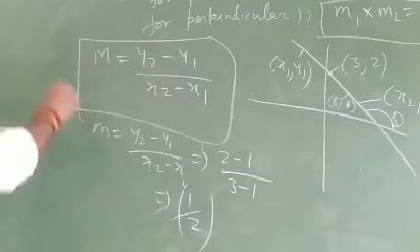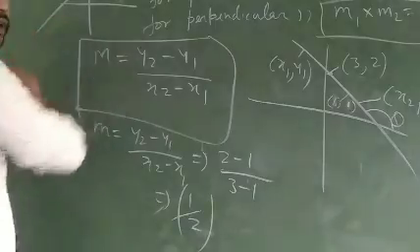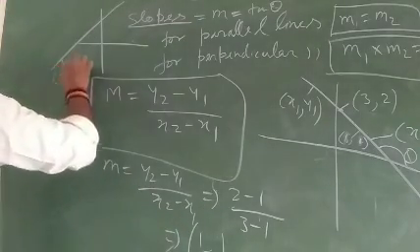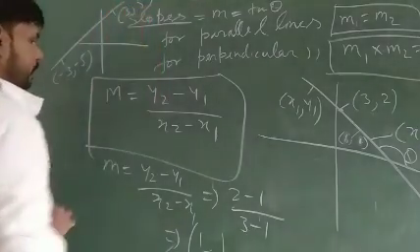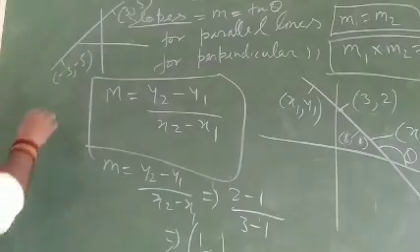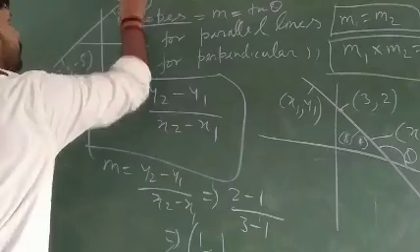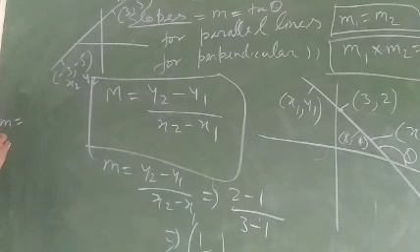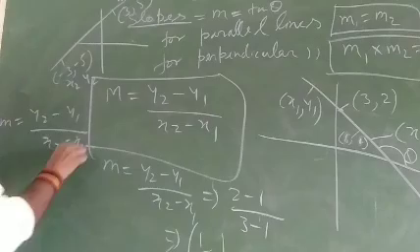One more question we can see. Suppose you have a line like this, and the coordinates are minus 3 comma minus 5, and here the coordinates are 3 comma 5. Suppose this is x2 comma y2 and this is x1 comma y1. So m equals to y2 minus y1 upon x2 minus x1.